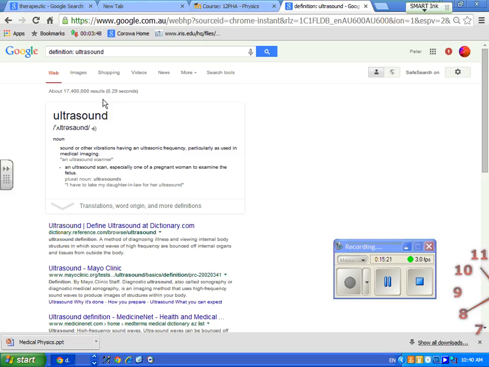It won't do anything to you at the diagnostic ranges. There is therapeutic ultrasound where it actually heats the muscle tissue by the way the sound waves interact with the muscle, but that's not with the diagnostic sound waves. Anything above about 28,000 hertz is ultrasonic.